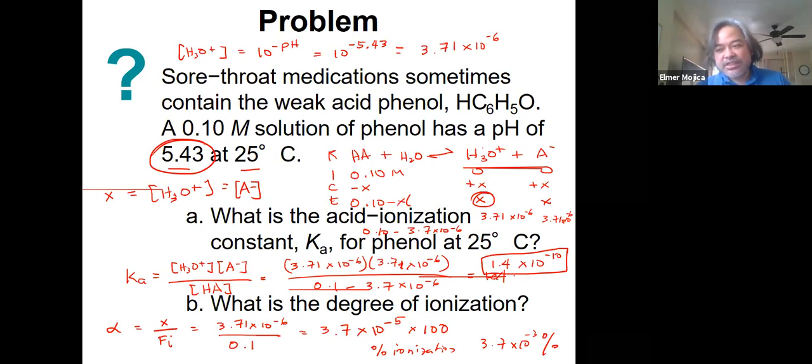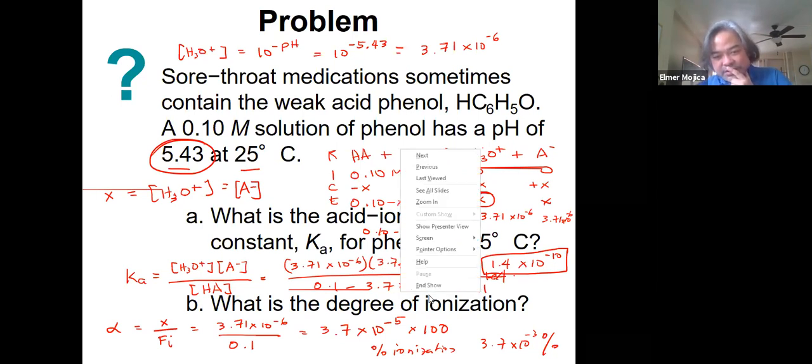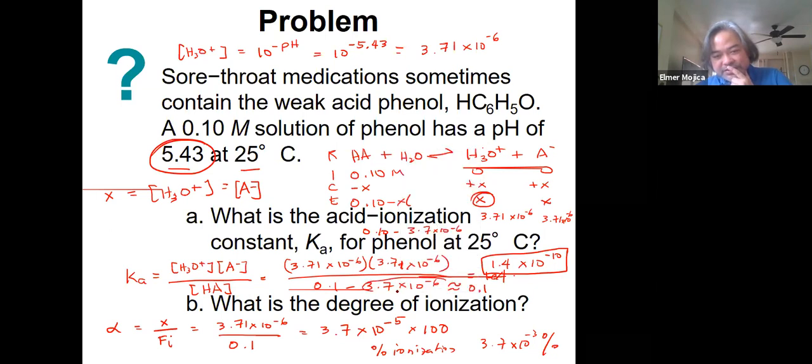Now, unlike the equilibrium constant, you can simplify this. In the expression we have here, the 0.1 minus 3.7 times 10 to the negative 6, you could just say that's equal to 0.1. You can make the assumption that the value of X is so small that the initial concentration is not going to be affected.